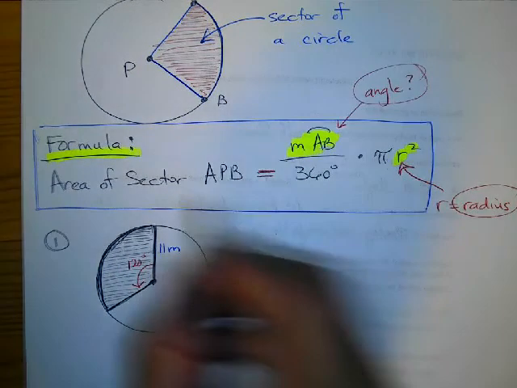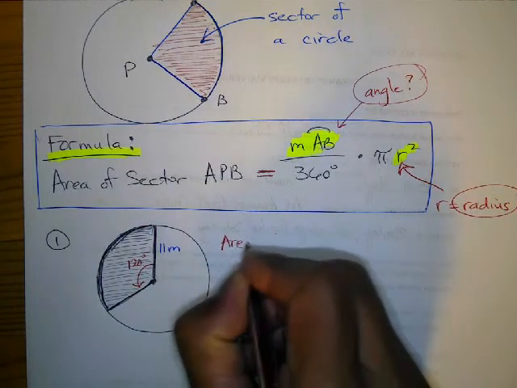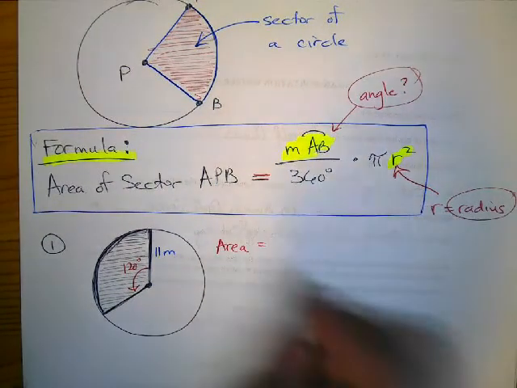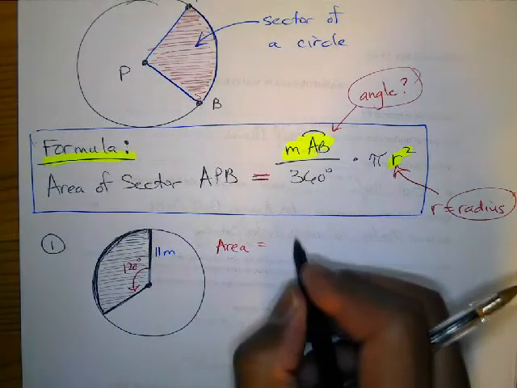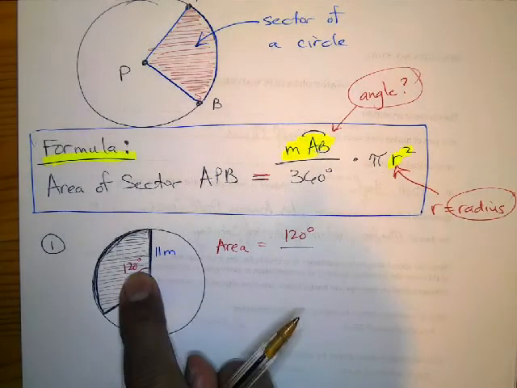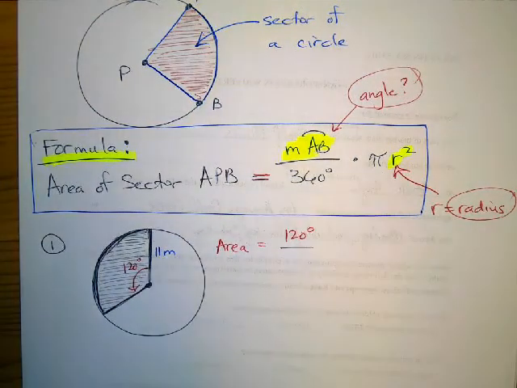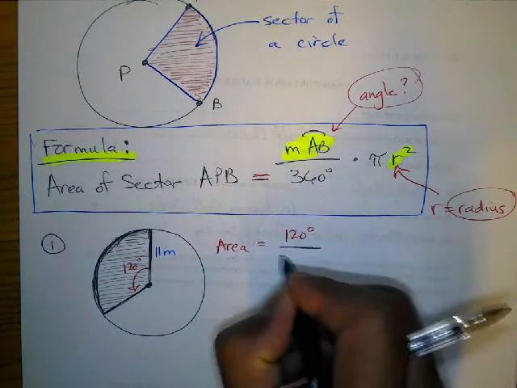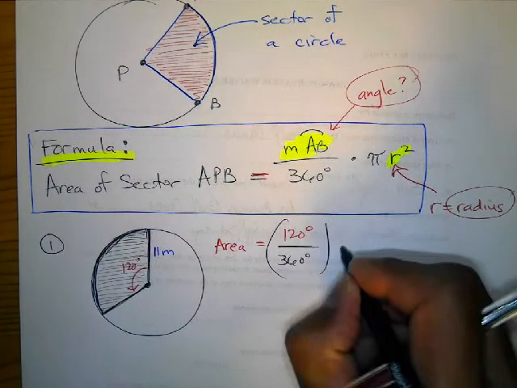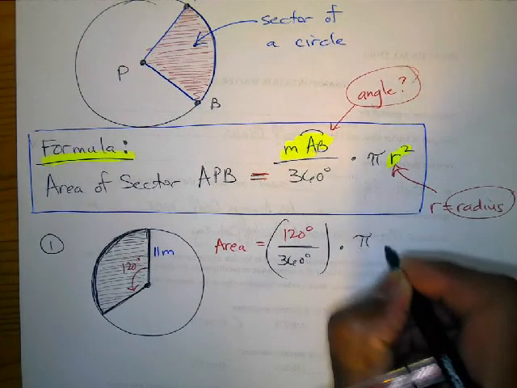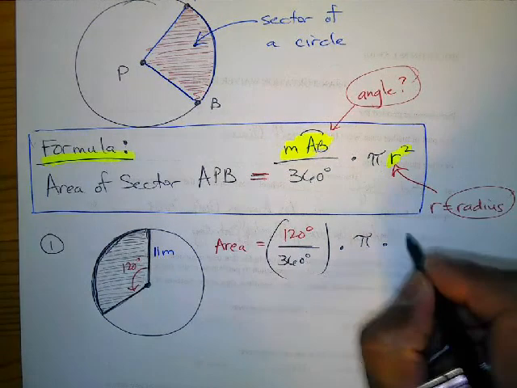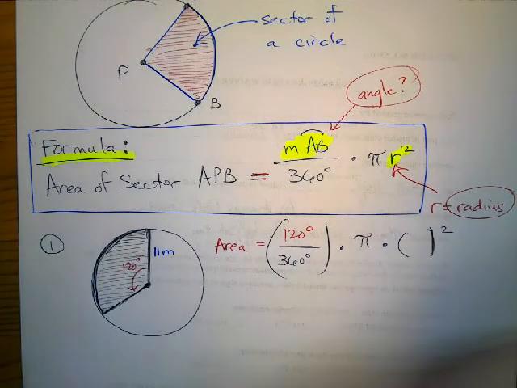All right, so let's just put that in the formula here. Area is equal to what? The measure of the arc is what? 120 degrees, it's right there. Divided by what? 360. We're going to get that number and multiply it by pi, and then multiply it by what? The radius squared.